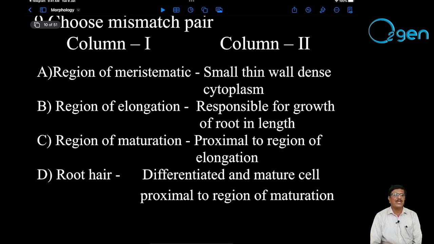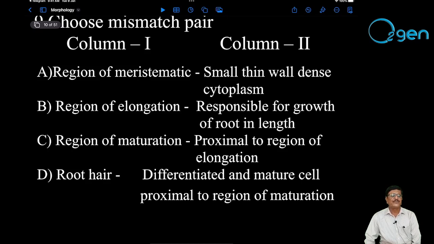B is the region of elongation, responsible for the growth of the root in length. In the previous slide you have studied that elongation is the region where cells acquire new cytoplasm and increase in size. That's why option B is also a matching pair. Option C, region of maturation, the proximal region of elongation.